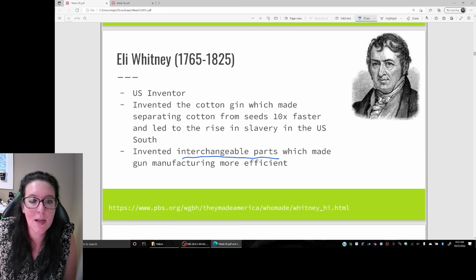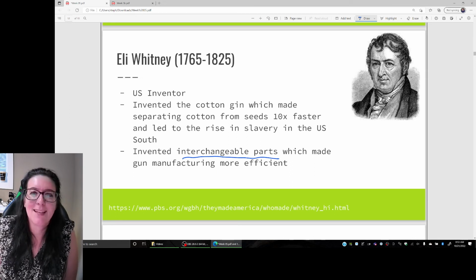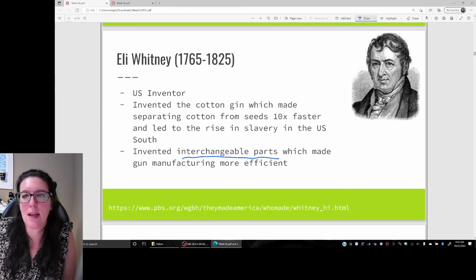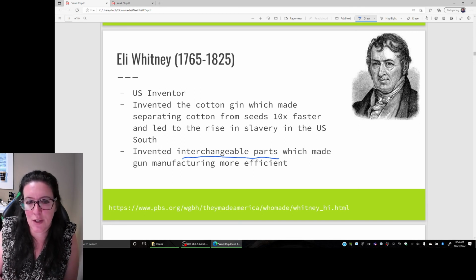Now, we recognize that as we look at the history of management, it is full of people that did questionable things that are not politically correct, that we wouldn't advocate for today. So Eli Whitney invented the cotton gin, which did lead to the rise in slavery in the United States because of cotton production.